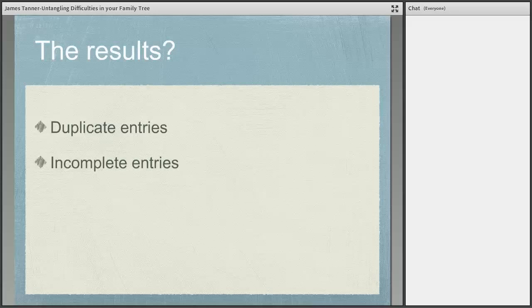The family tree has a great ability to call you to account for your past omissions. Anyway, we're looking at entries that could have been better entered.